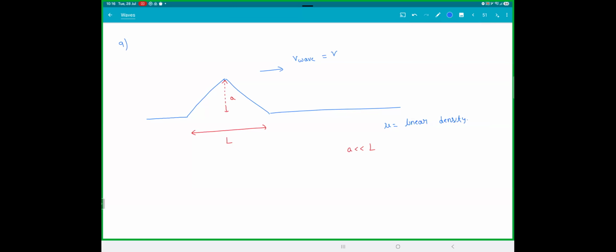So a triangular pulse is going on a string. So someone generated a pulse like this. Find the energy of this pulse.